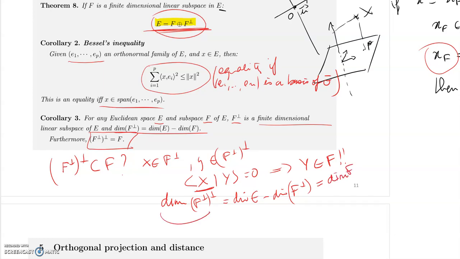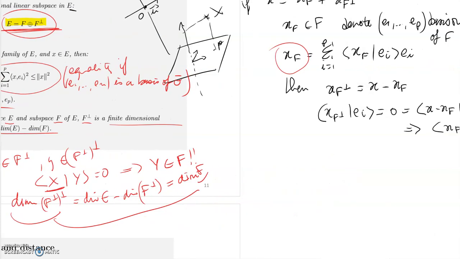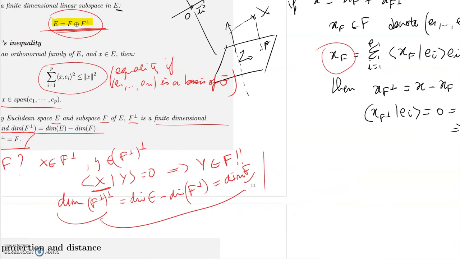So this space is a subspace of F, and they have the same dimension. The only subspace of a finite dimensional space that has the same dimension as the space itself is itself. So we get that F is equal to the orthogonal of the orthogonal.